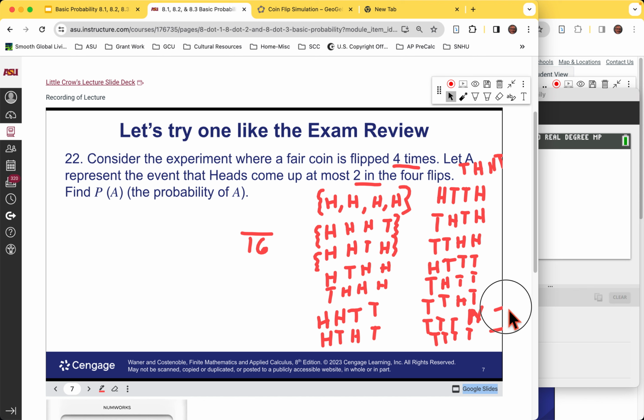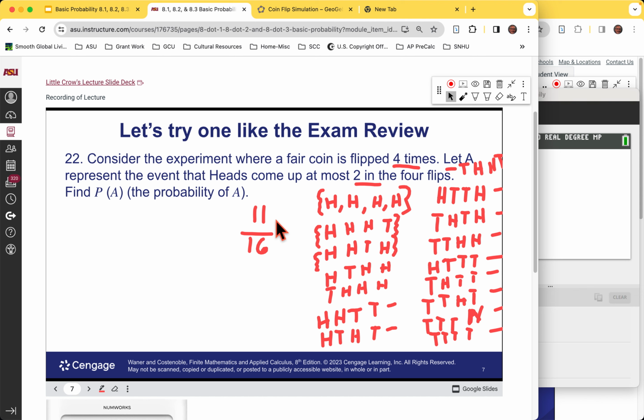There's 1 head here, here, here, and here. These have exactly 2 heads. And this one that I forgot to count up here. And this one has 2 heads, and this one has 2 heads. These ones all have 3 heads. So there was 1, 2, 3, 4, 5, 6, 7, 8, 9, 10, 11 that had 2 heads or less, at most 2 heads.